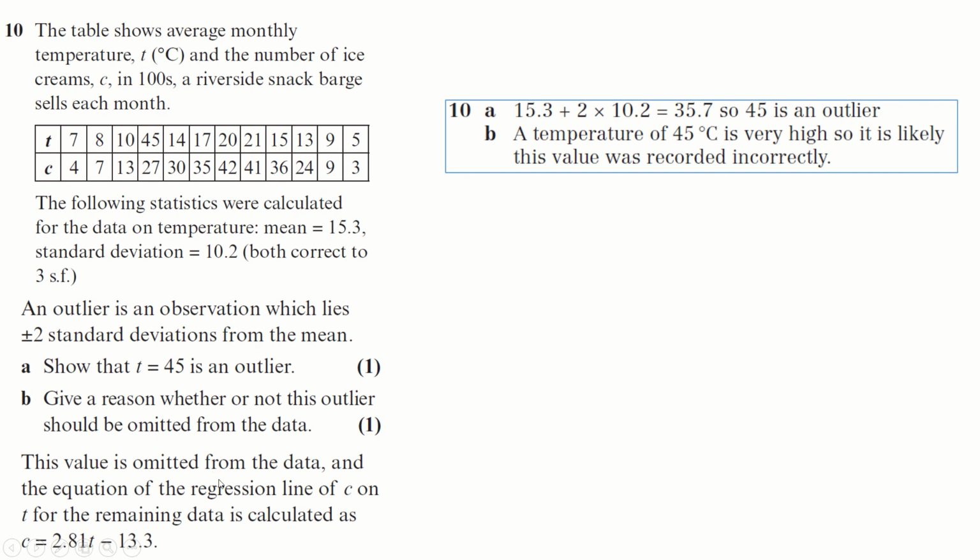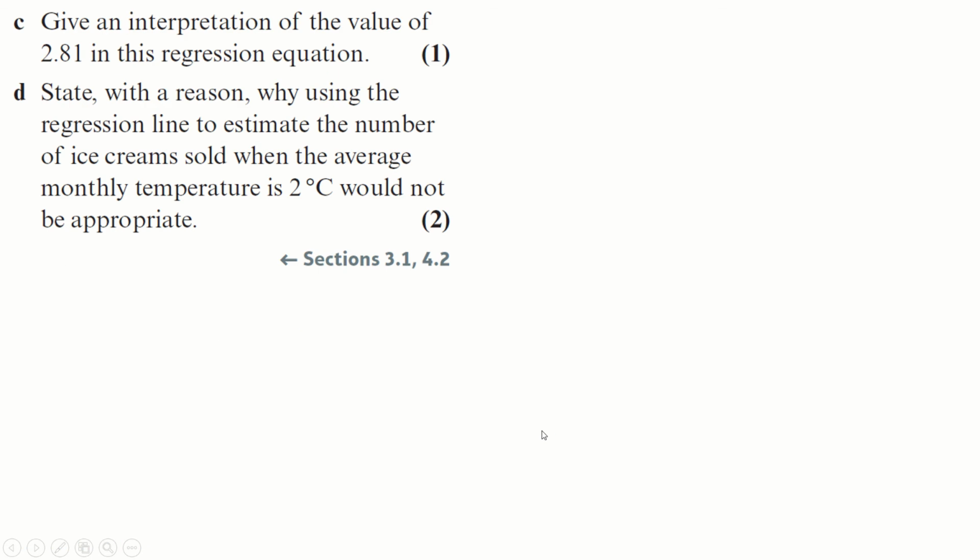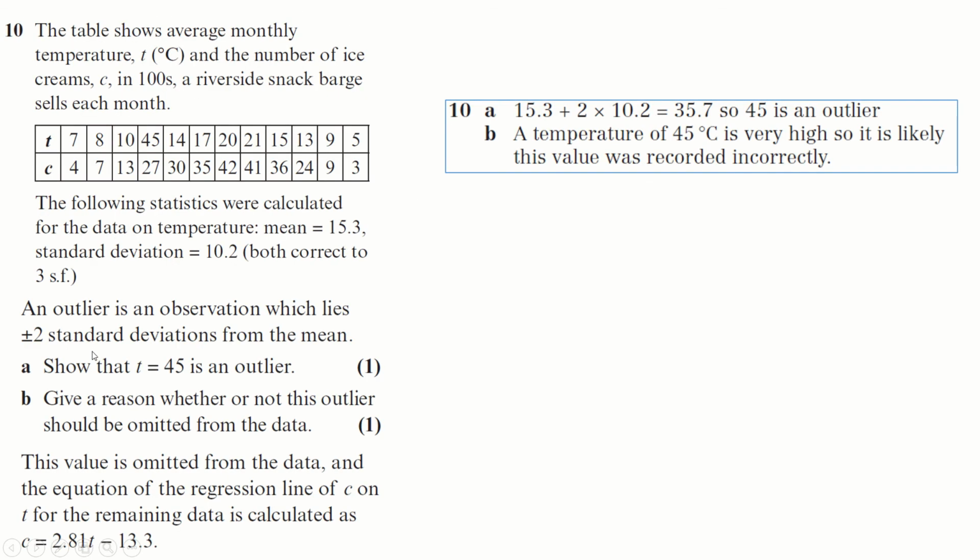This value is omitted from the data, and the equation of regression line of C on T is calculated as this. Give an interpretation of 2.81 in this regression line. So we've got our regression line, and we're going to remember this is hundreds of ice creams, and temperature.